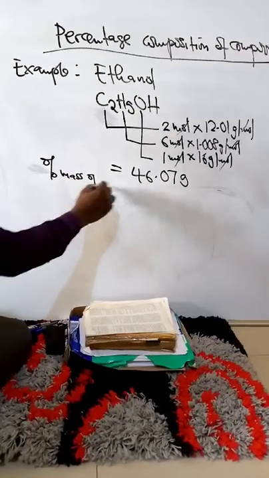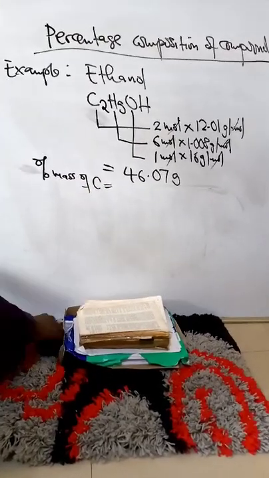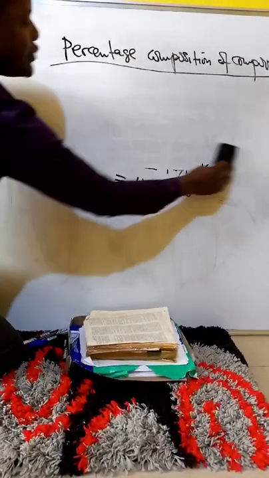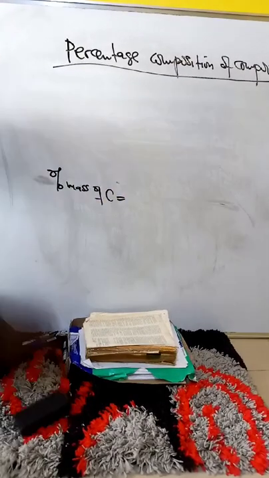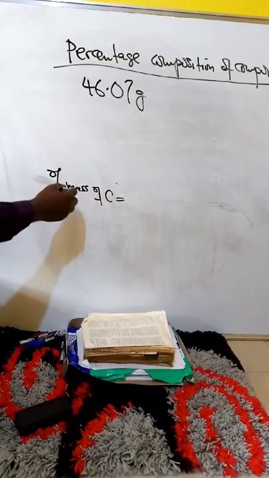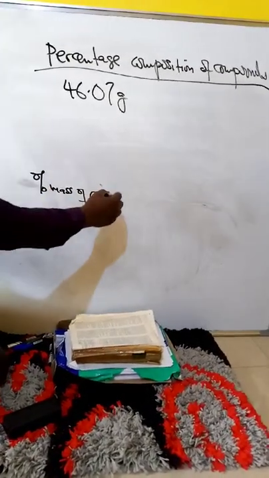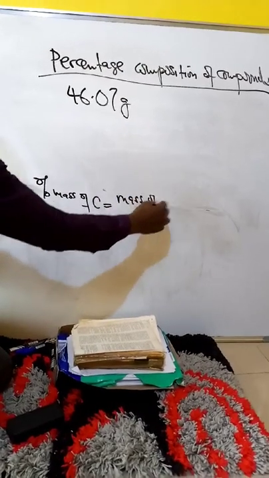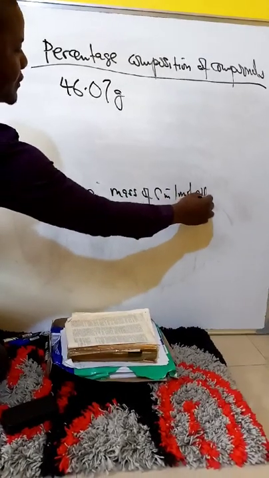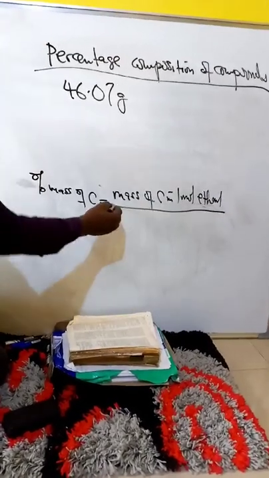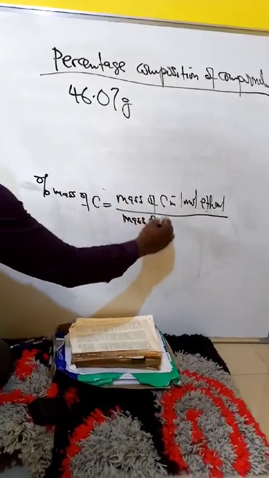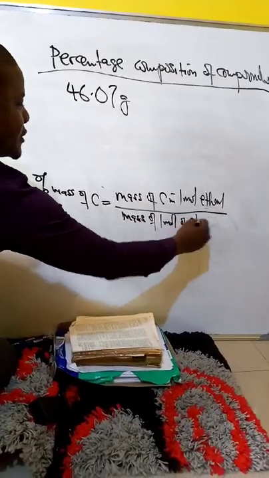Percent mass of carbon is equal to the mass of carbon in 1 mole of ethanol over the mass of 1 mole of ethanol, 46.07 grams.